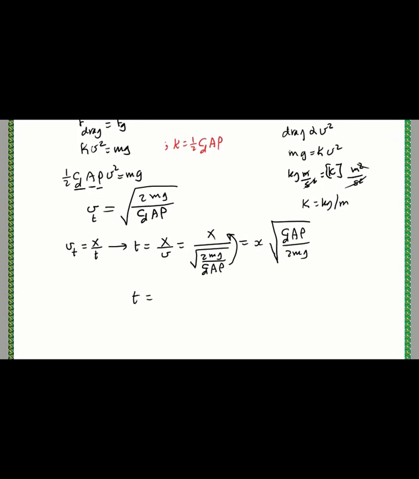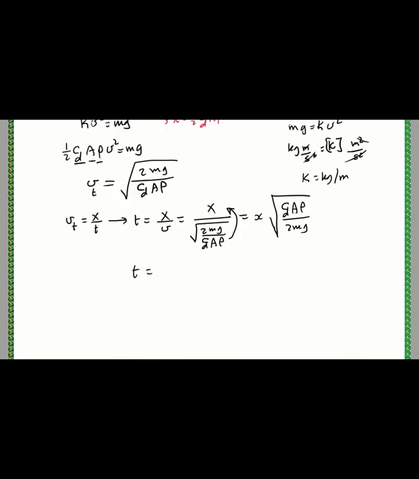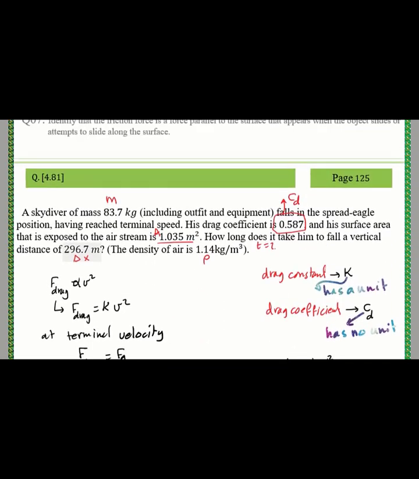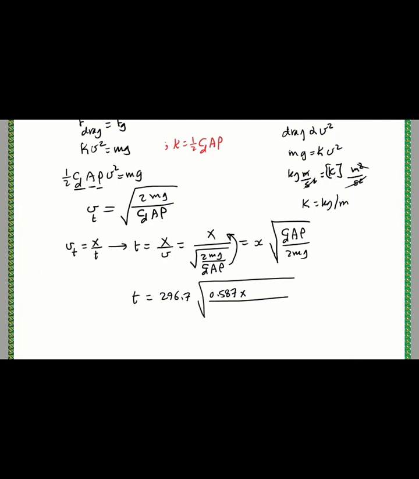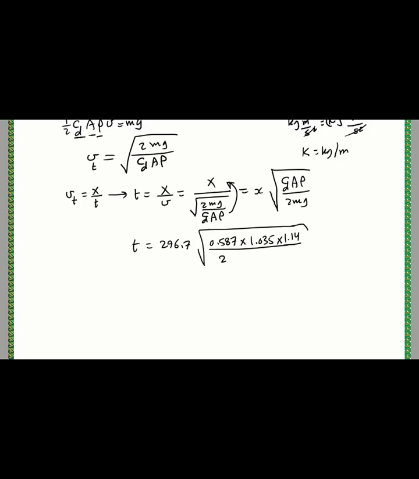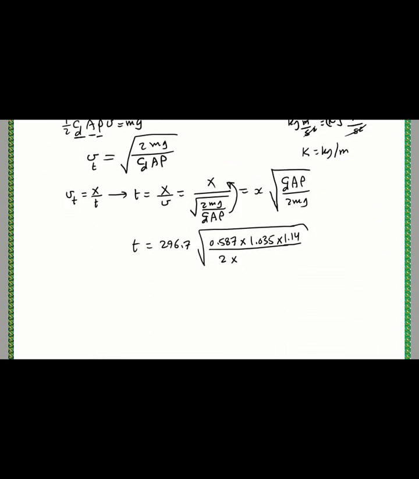T equals, the distance to be traveled is 296.7, square root of coefficient of drag, that is 0.587, times the area that faces the stream is 1.035, times the density of air is 1.14, over 2 times the mass of the diver, 83.7, and g, it is 9.8.